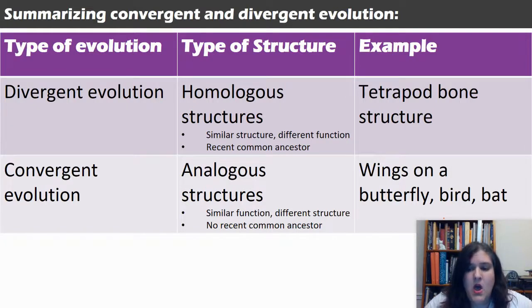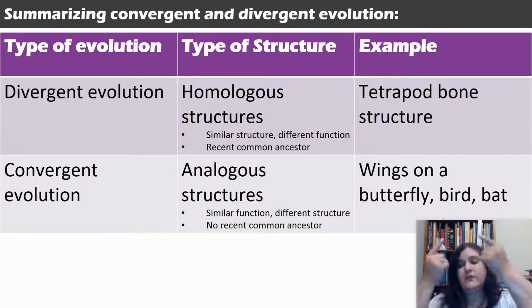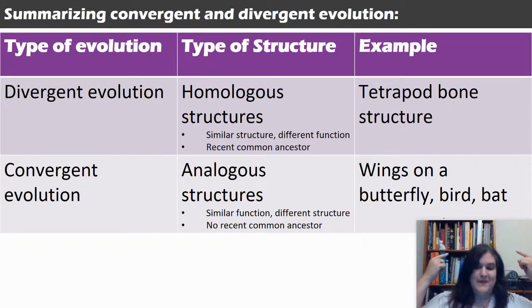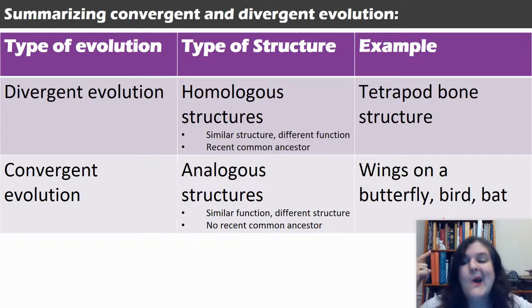Then you have convergent evolution with analogous structures. Analogous structures have a similar function, but different structure. They do not share a recent common ancestor. Well, if you go back even further, we all share some common ancestors way back.